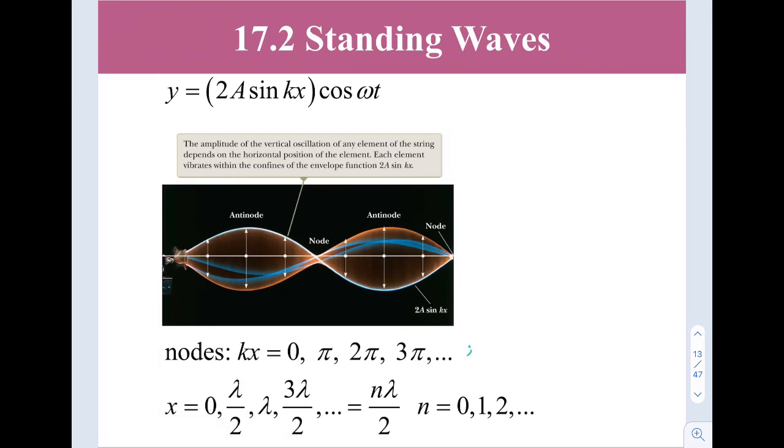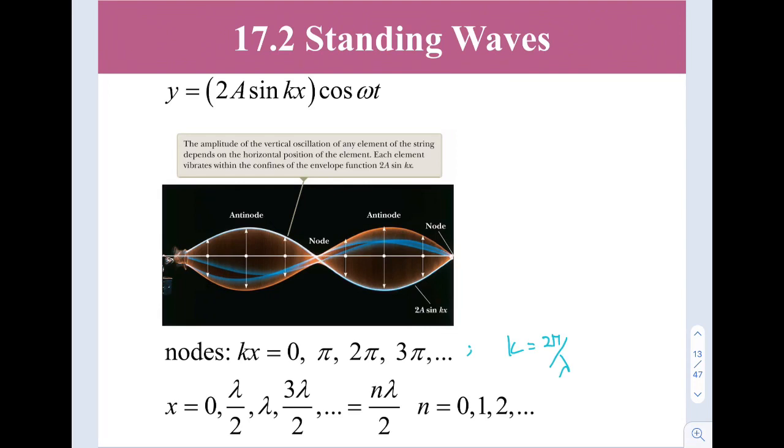This is because k is equivalent to 2 pi over lambda, right? So from here, we can manipulate this equation to figure out the value of x. So x will be 0, half lambda, lambda, 3 over 2 lambda, and so on, which gives us in general x equivalent to n lambda over 2, where n is an integer.